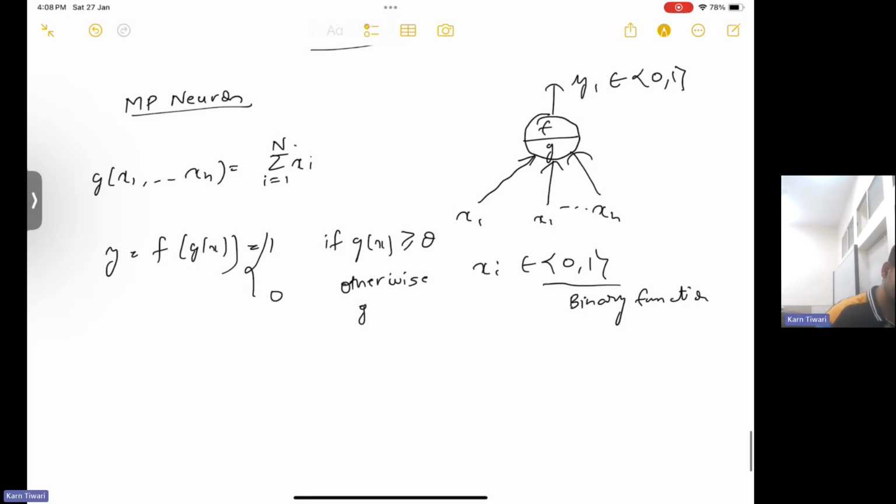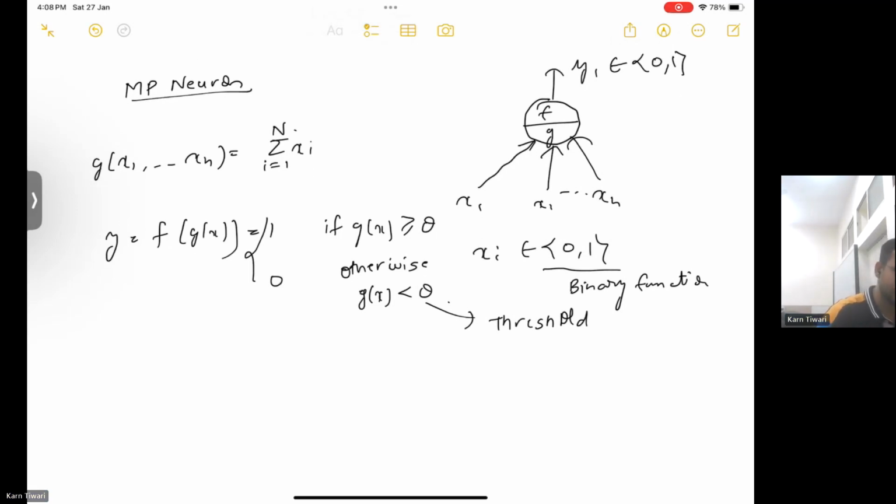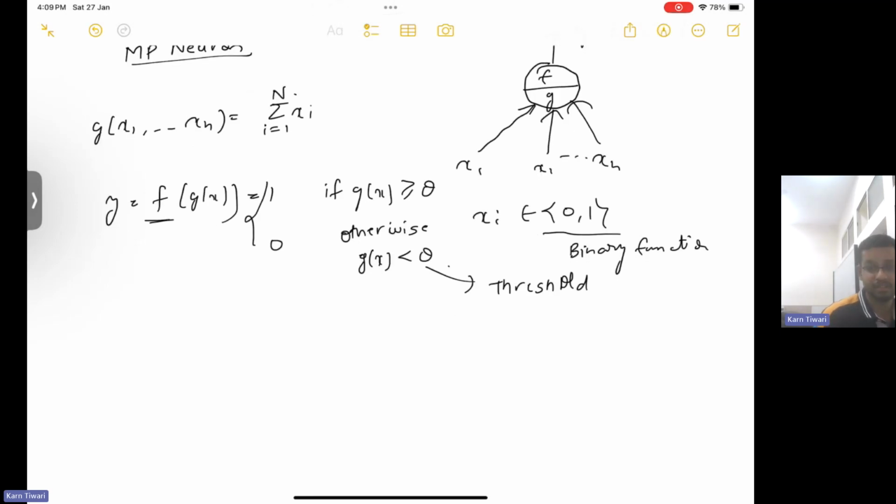Otherwise means g of x is less than theta. Theta we call the threshold basically. Different books and literature refer to it by different names. So f is just a shifted step function.